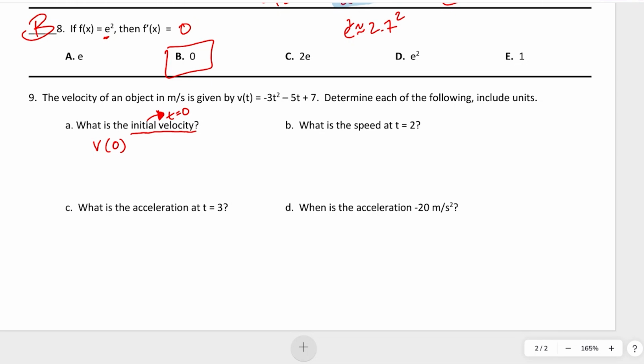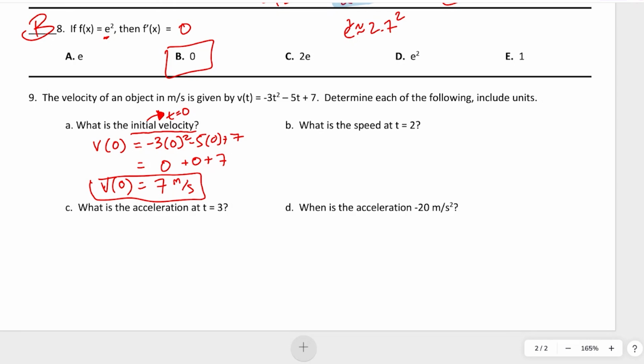So the velocity at time 0 is just going to be negative 3 times 0 squared minus 5 times 0 plus 7. So this is just going to be 0 plus 0 plus 7 is 7. And the velocity here is going to be in meters per second. We want to make sure to include units in this application question.